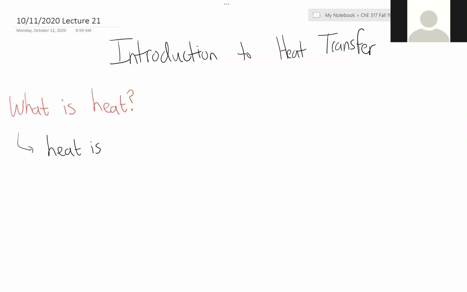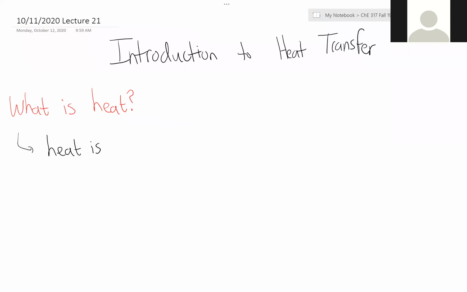Stored energy? Not necessarily, that would be internal energy. Thermal energy. You guys are all on the right track. Let me put it together.